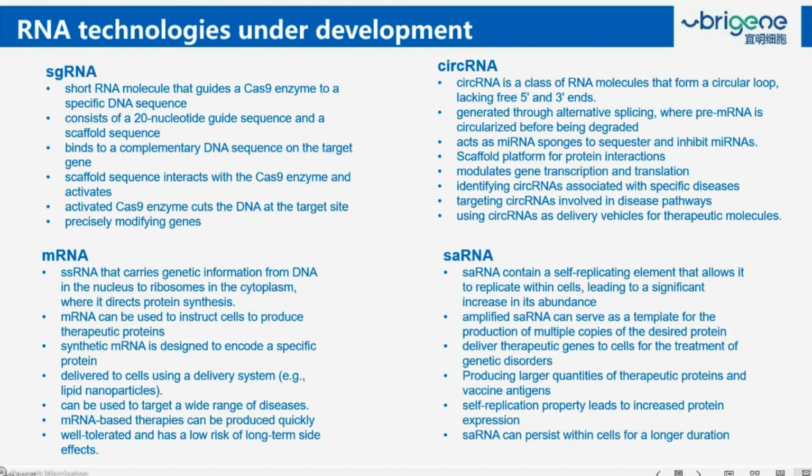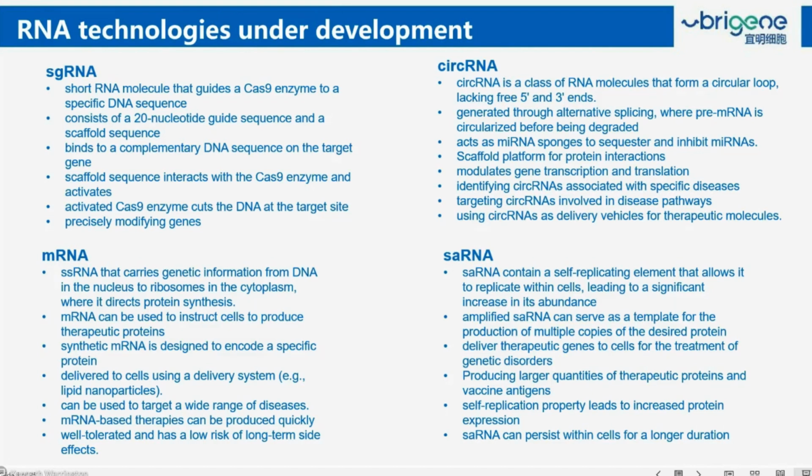mRNA is certainly well known by everyone. It's the single-stranded RNA that carries genetic information from the DNA, where it directs protein synthesis in the cytoplasm. But as we all know, with the COVID vaccine, it can be used to instruct cells to produce therapeutic or antigenic proteins.